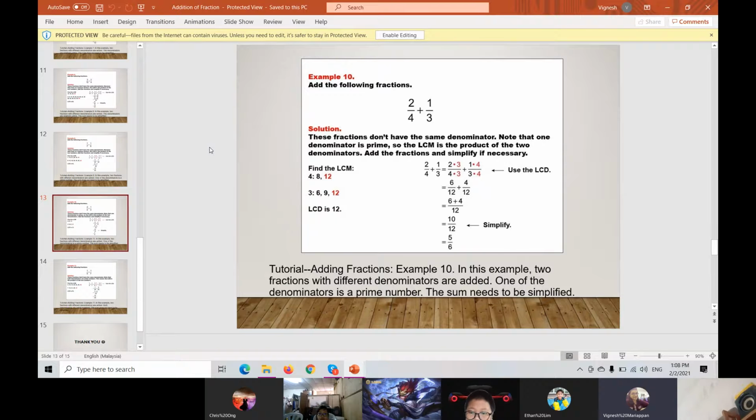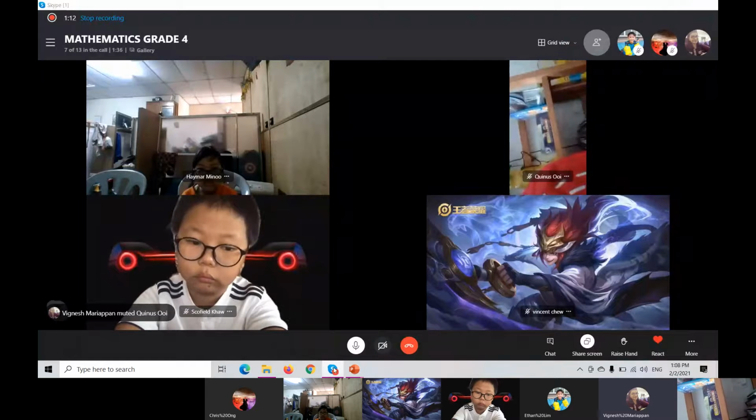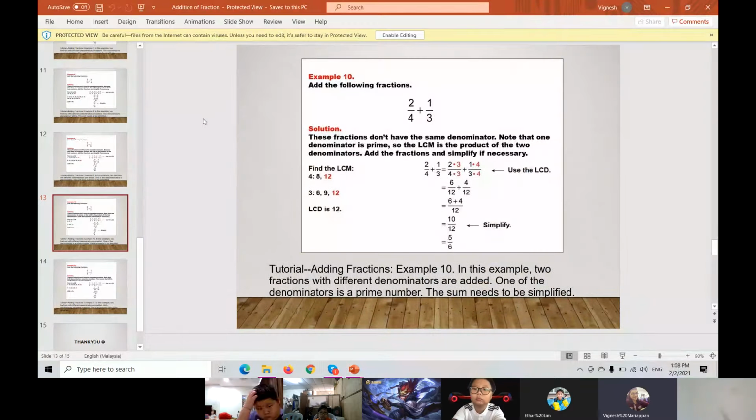Very good. So, is there any possible for you to simplify? Yes. So, what is your answer? You can divide with 2, right? Yes, teacher. 10 you can divide with 2. 12 also you can divide with 2.